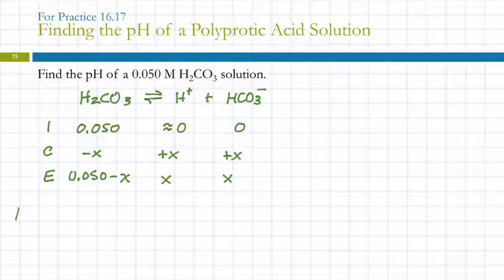And we can put those into our equilibrium expression. We're going to use Ka1 because we're looking at the first ionization, 4.3 times 10 to the minus 7.